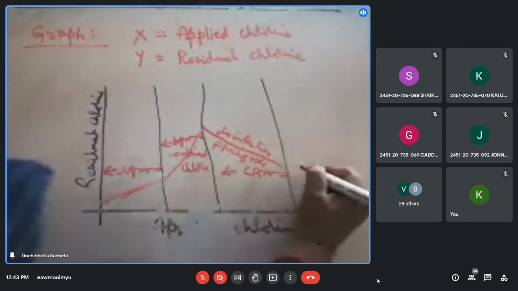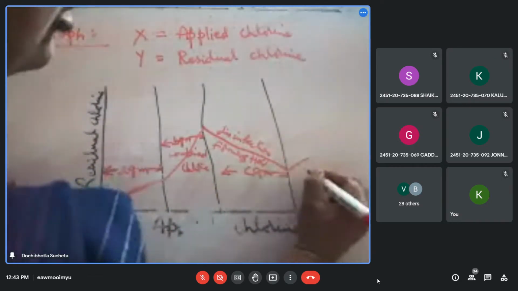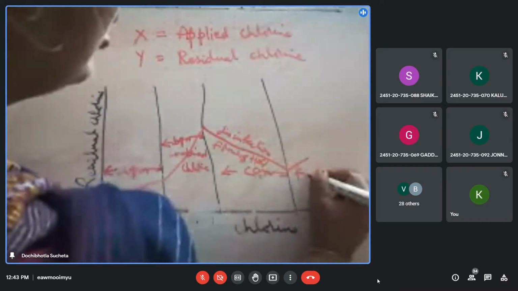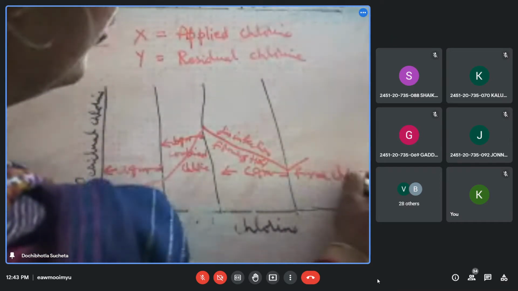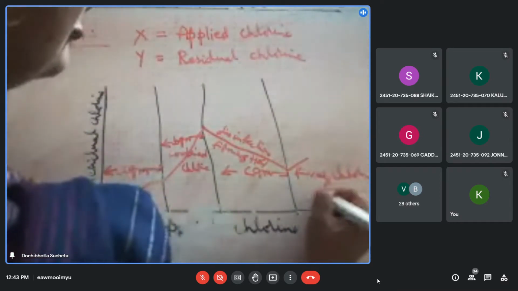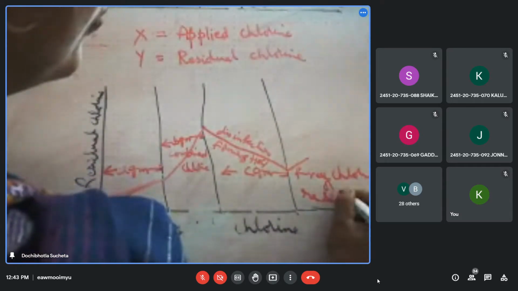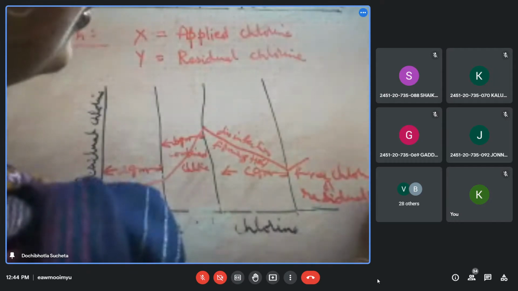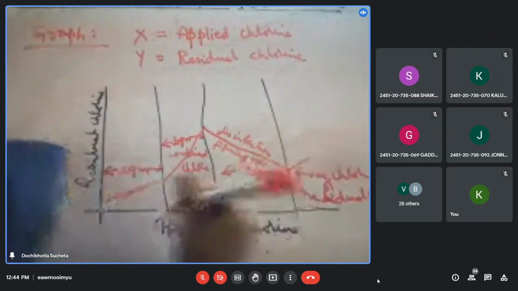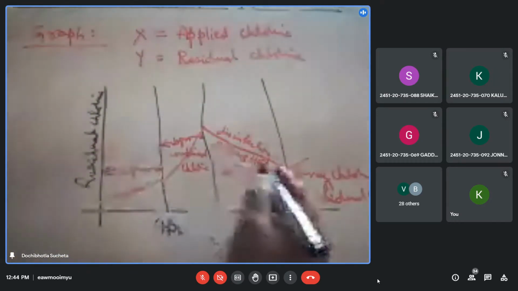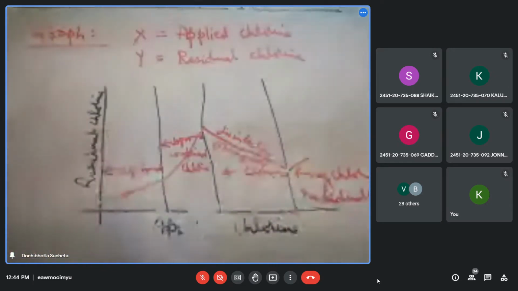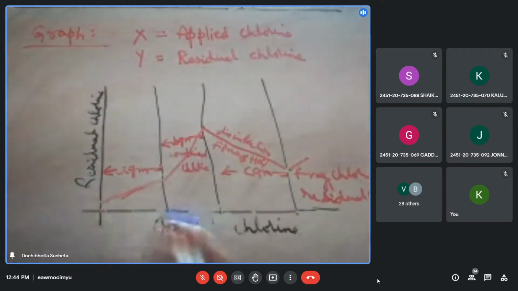And after that free chlorine appears. This is free chlorine, also called residual chlorine. And this point is called breakpoint chlorination.